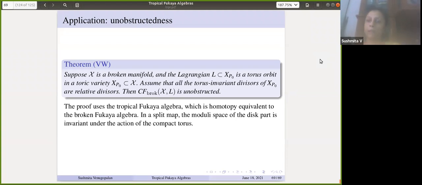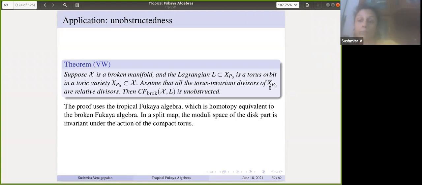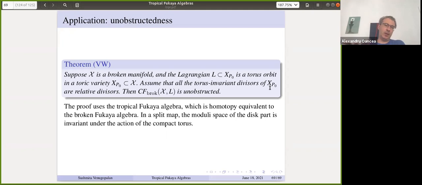Okay. And then I had another question, related to connections to the literature. Is there an algebraic version of the construction that you are performing here? The broken maps, yes, the Brett Parker papers do that. But he's working with pseudo-holomorphic curves.